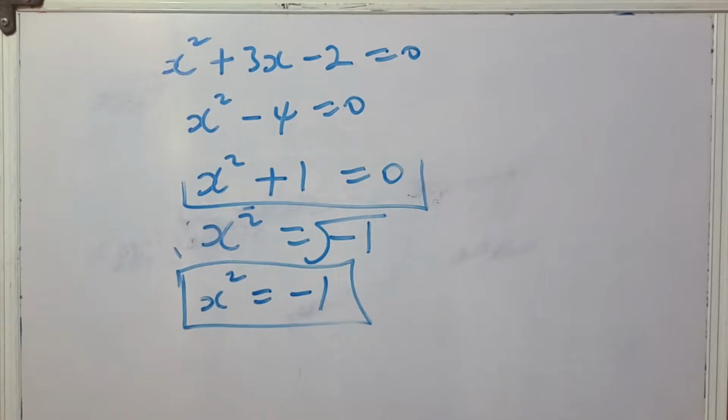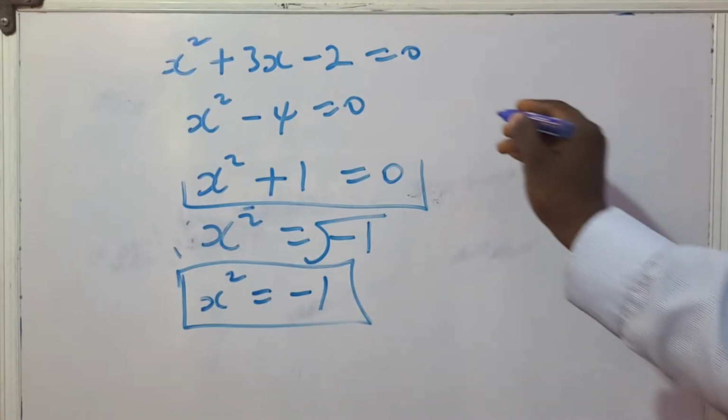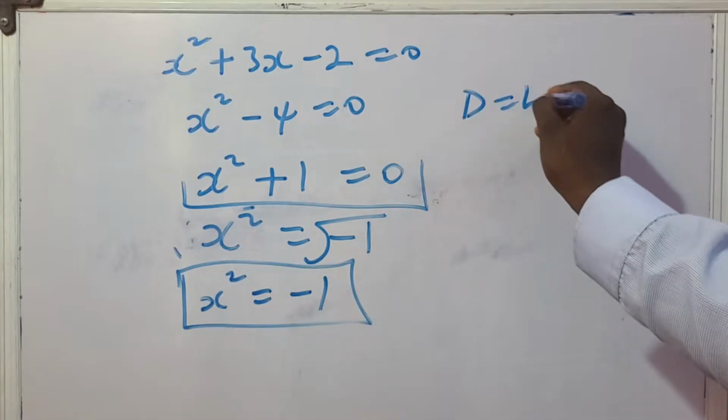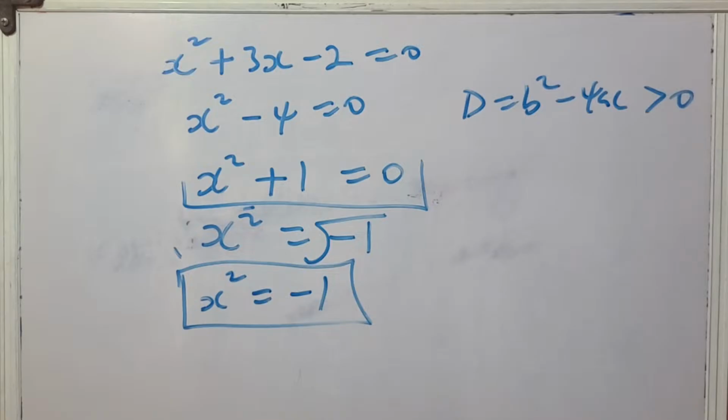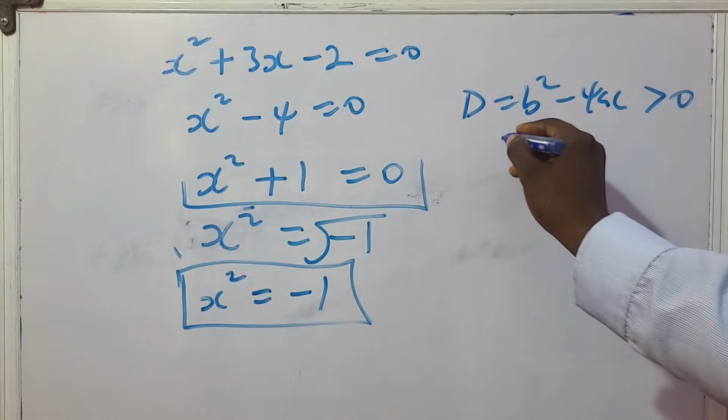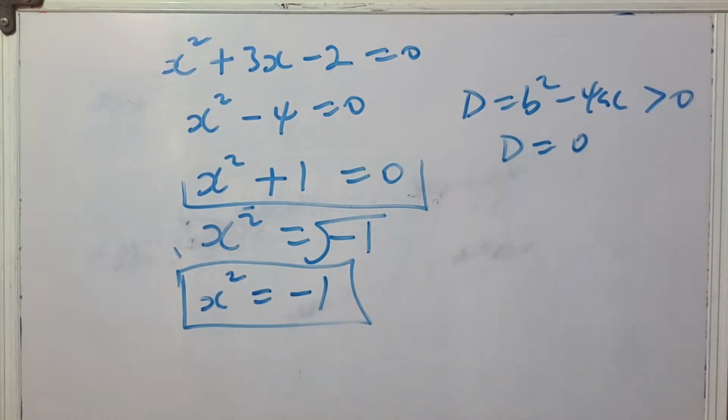I explained last weekend 3 different situations you can have for your discriminant. I said we could have a situation where our discriminant b squared minus 4ac is greater than 0. We said in this case, it has 2 solutions. We also gave an instance where we have the discriminant being equals to 0.